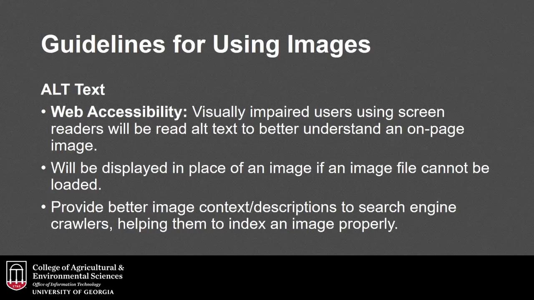But also, if your image for some reason doesn't load, the alt text will be displayed on the screen in place of the image. And it also provides better context and descriptions to search engines like Google, helping them index the image properly, so that it's easier to find on Google.